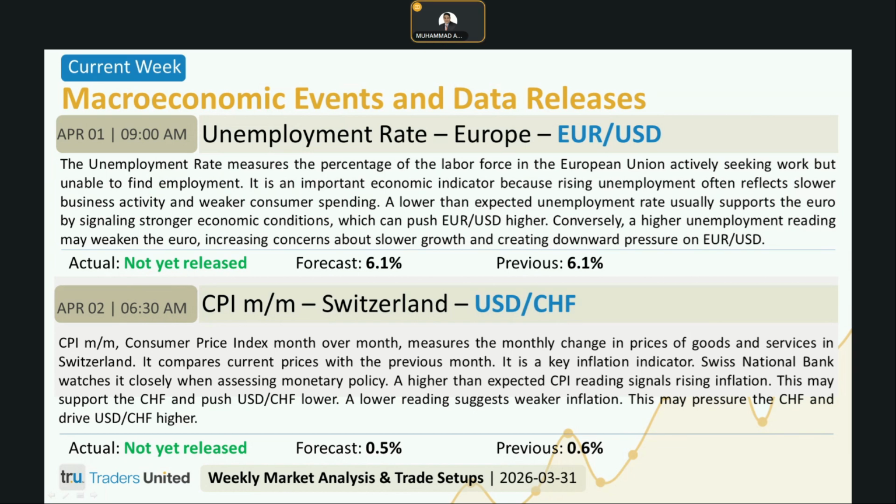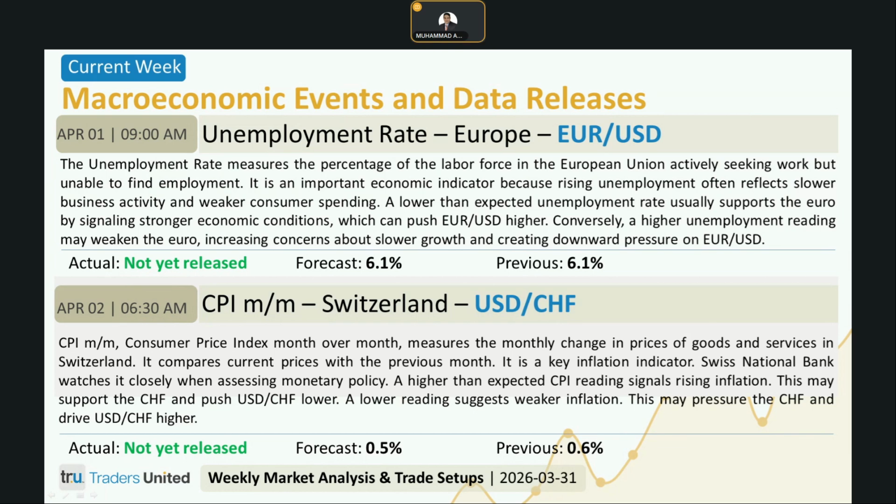A lower than expected reading could reduce expectations of tighter monetary policy from the Swiss National Bank, potentially weakening the Swiss franc. Conversely, a higher than expected reading could support the Swiss franc and push US dollar Swiss franc lower.